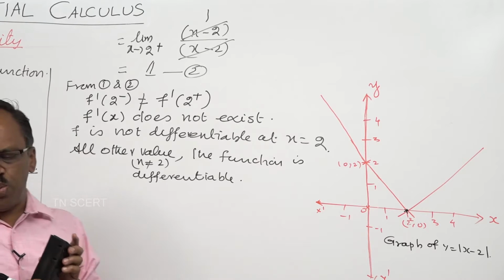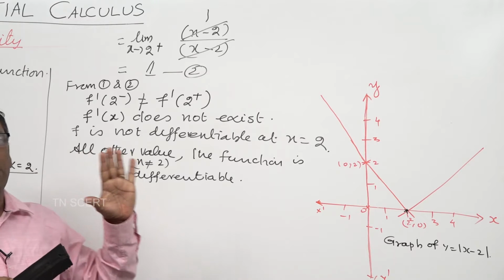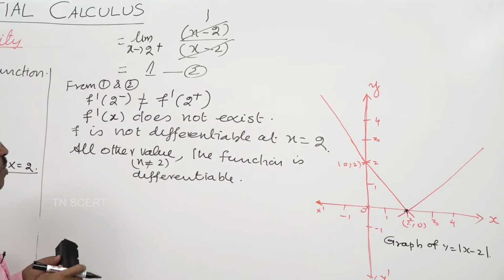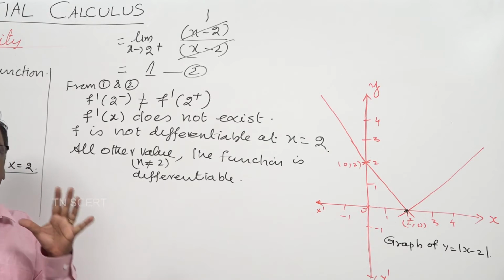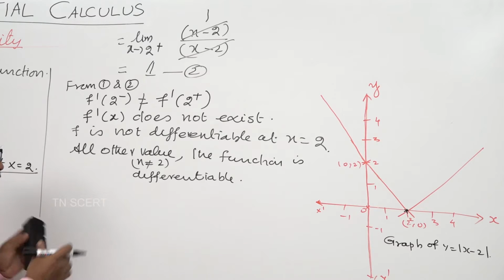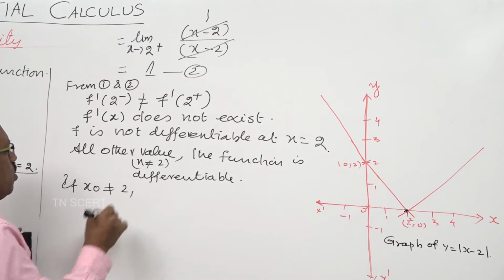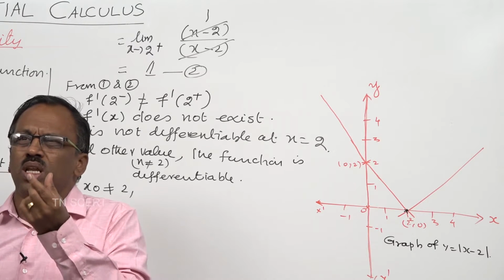Okay. Next point: what about all other points? Let us take points or values, whatever it is. So the next point I can take here, which is very important: if x naught is not equal to 2. Remember, this is a neighborhood point which I am considering here.